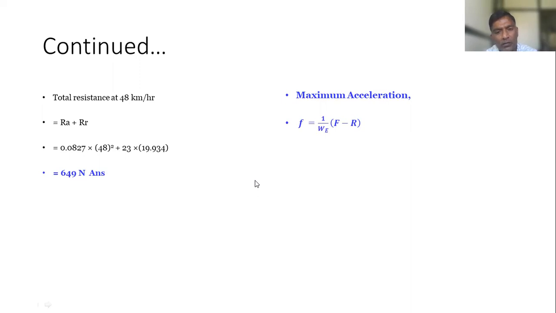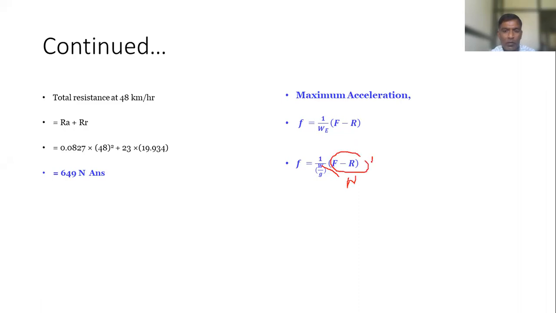Up to this completed? Yes, sir. Okay, then you can write this F is equal to. Now, though it is very simple, I would like to tell that this W is in Newton.